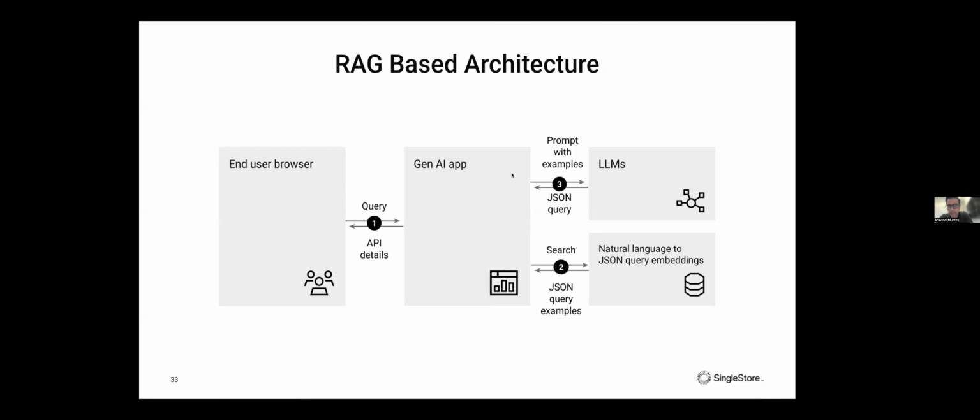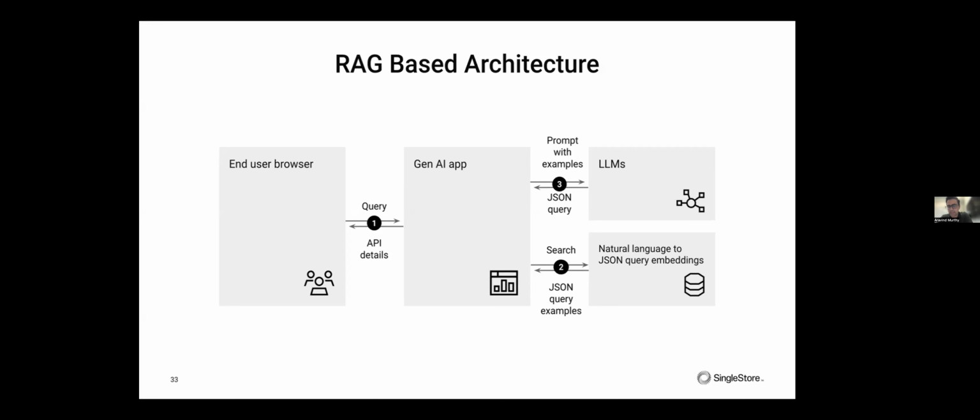It's integrated with the LLM, and that query is sent to the SingleStore vector database, wherein we have a lot of example queries and the JSONs that are expected. The intention here is to convert the natural language query into a simpler JSON structure, which can then be converted to an API, right?